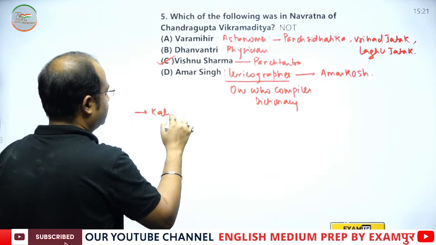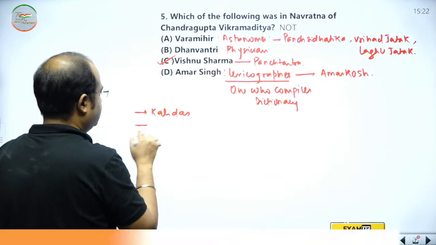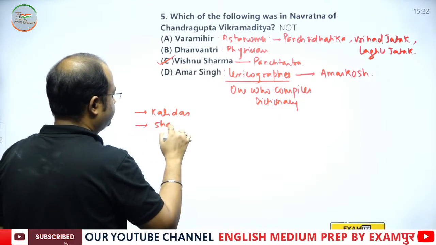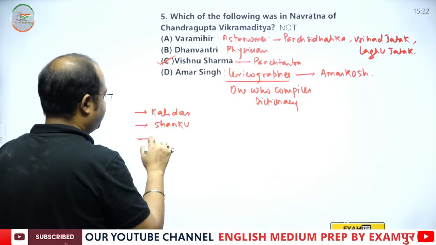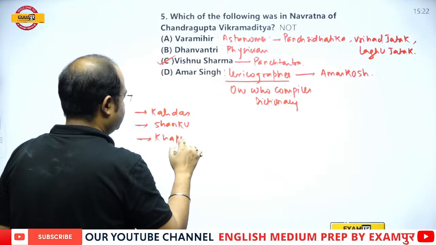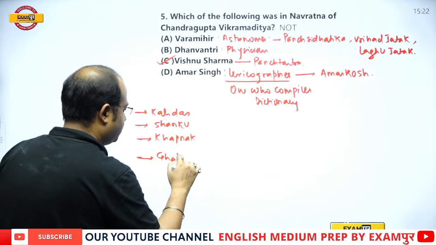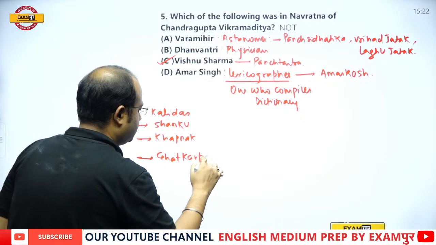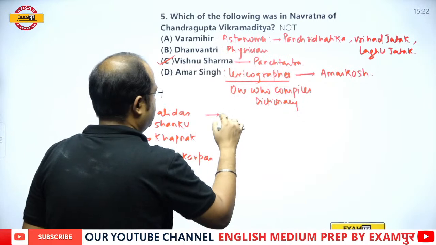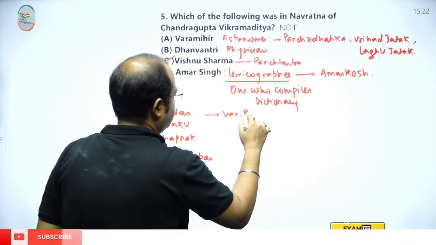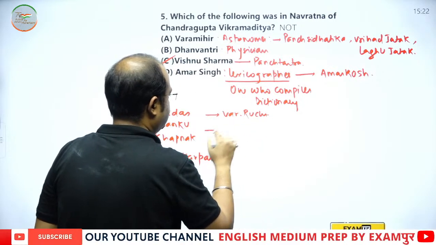Then you have Kalidas, then Shanku, then Shapnak, then you have Ghatkarpar, then Varruchi, then Vetal Bhatt.